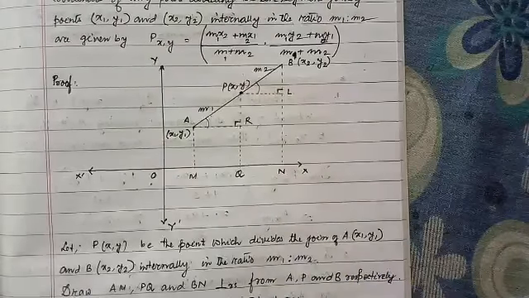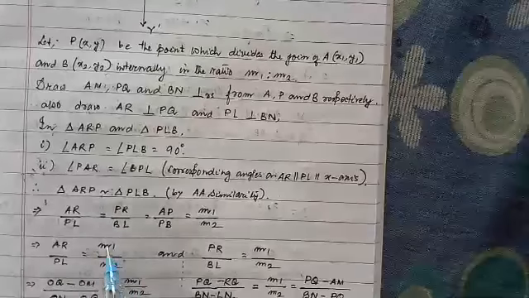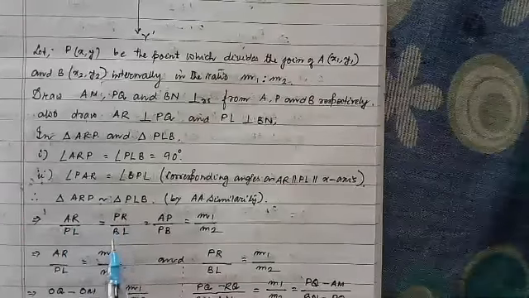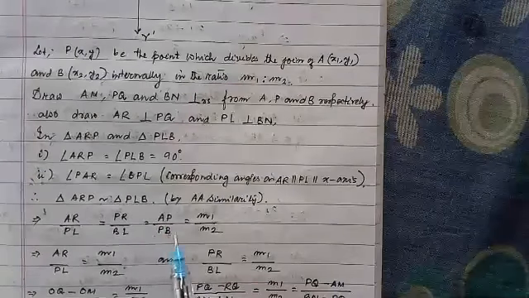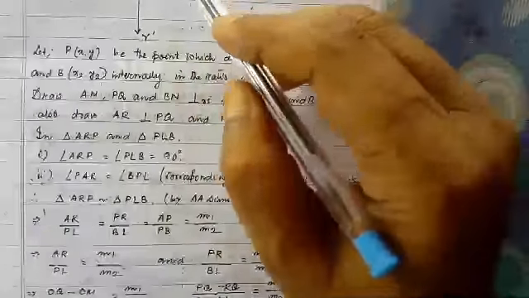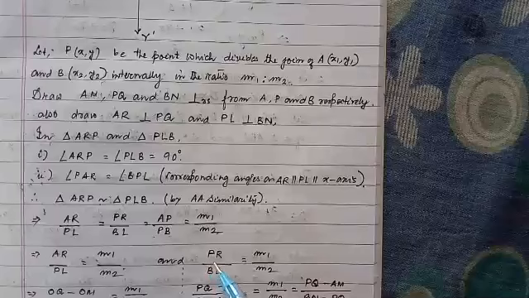So we have AR by PL is equal to PR by BL is equal to AP by PB is equal to m1 by m2, because AP is to PB is equal to m1 is to m2.